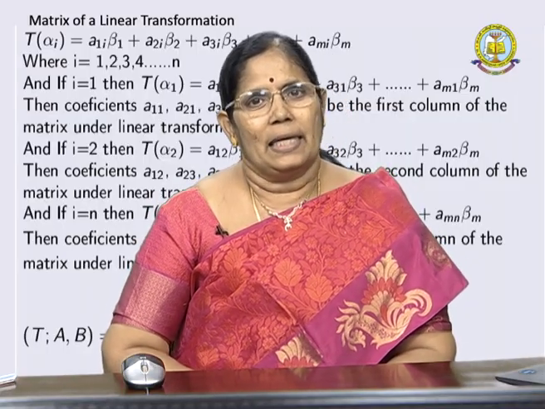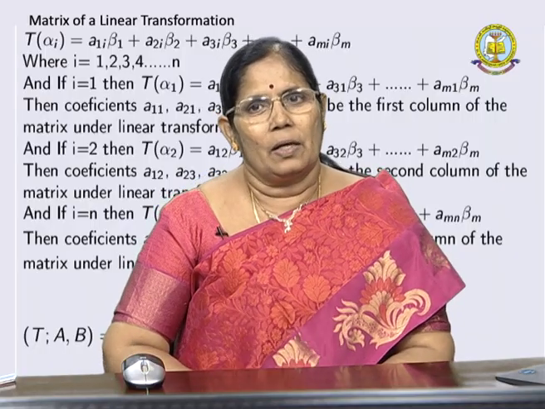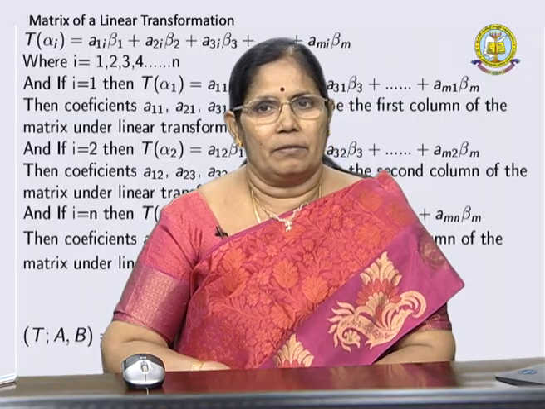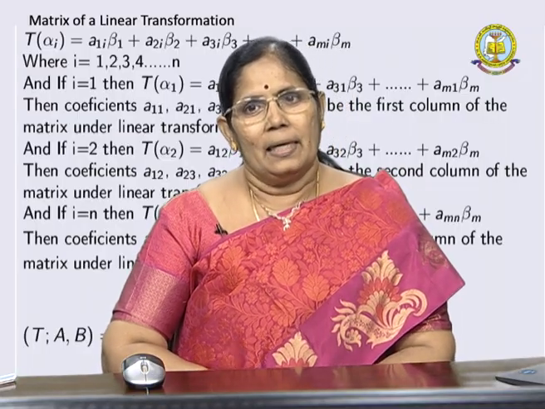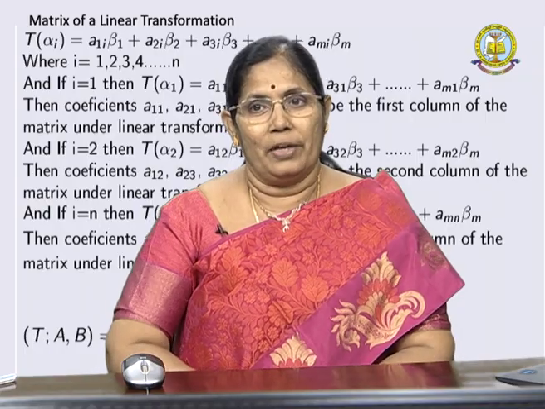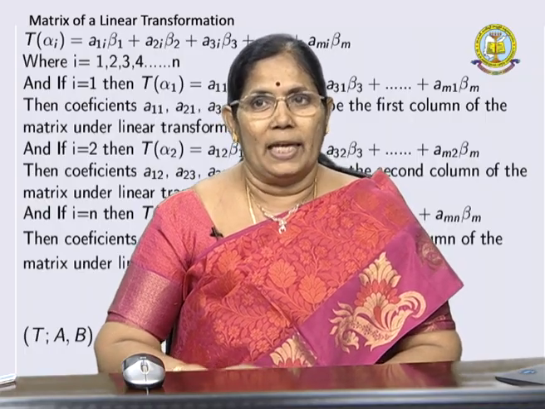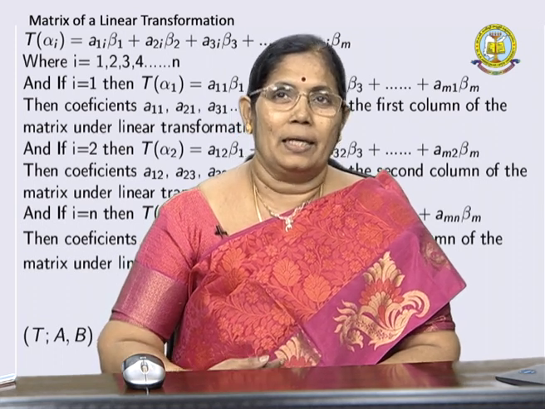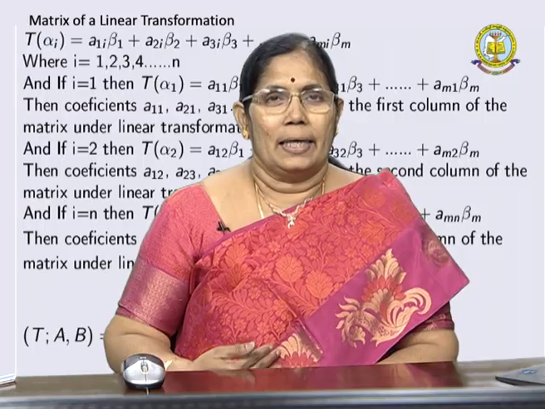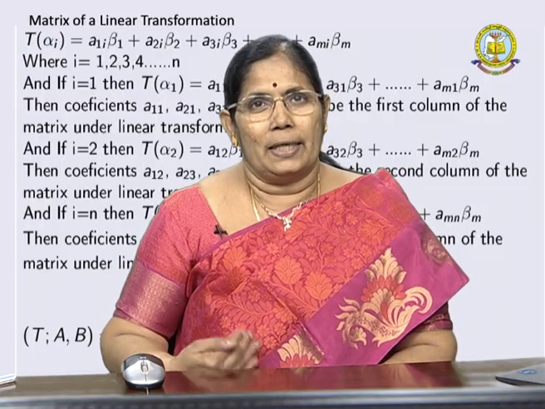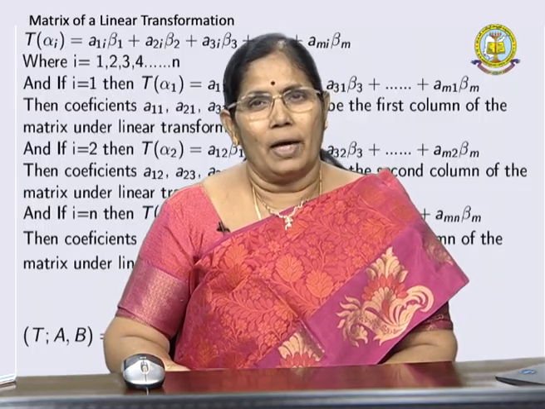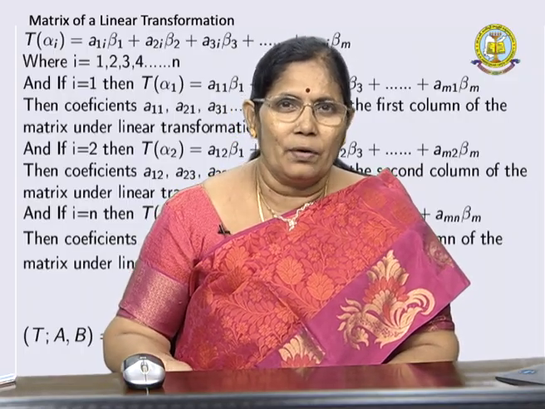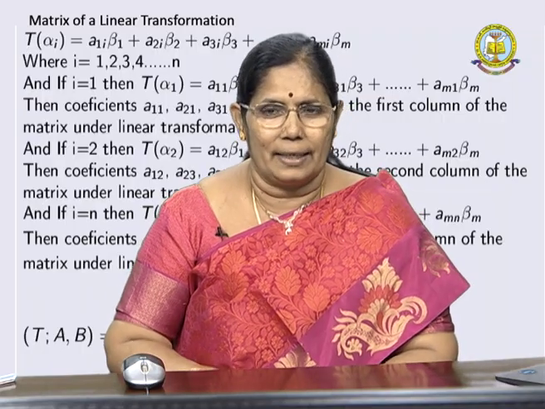Suppose U is an n-dimensional vector space over the field F and V is an m-dimensional vector space over the field F. Then the vector space L of U, V, as I just told, is a vector space with respect to vector addition and scalar multiplication given by T1 plus T2 at alpha equal to T1 alpha plus T2 alpha and C T at alpha equal to C into T of alpha. It is a vector space.